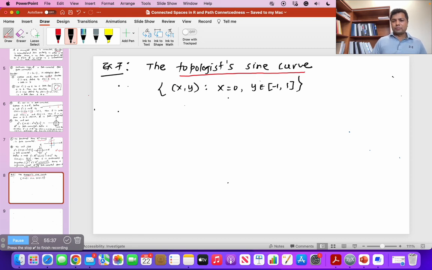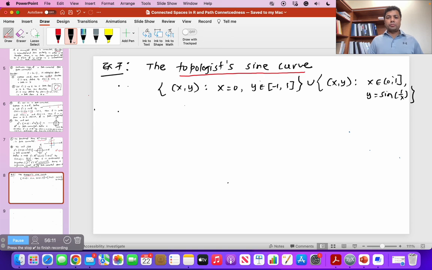The topologist's sine curve is the union of this set with the set of all points in the plane such that x is in the interval from 0 to 1 and y is sine of 1 over x.